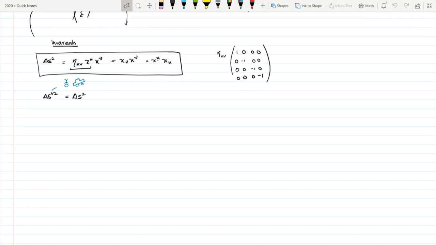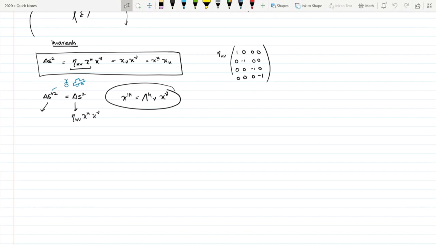And how you can do this is to say that if this thing here equals, what I'm going to say is, here, if you remember what I told you, a Lorentz transformation at the end of the day is something that acts on my, this is what I said a Lorentz transformation is.